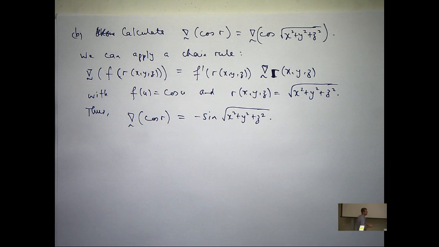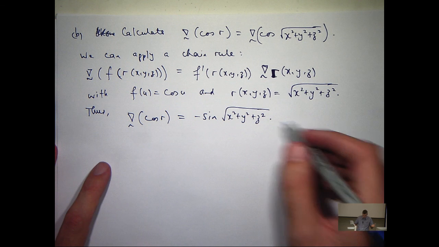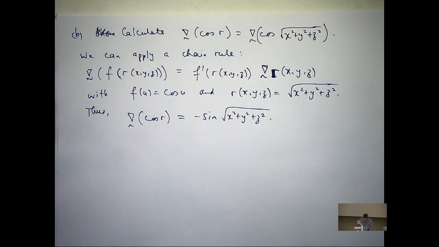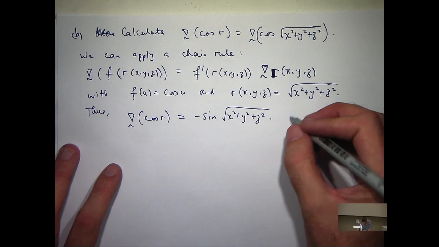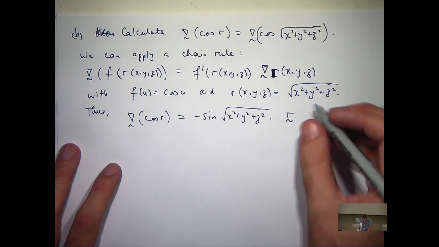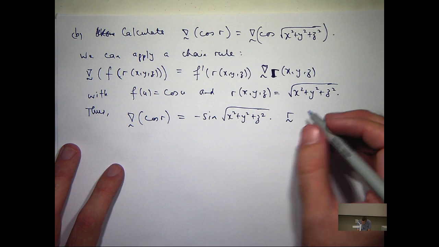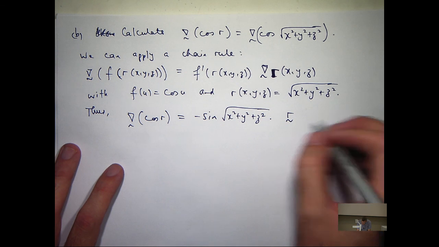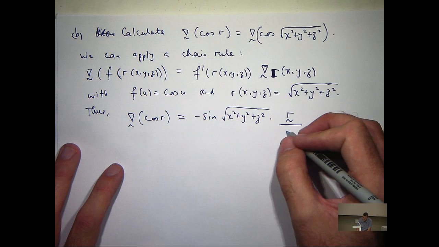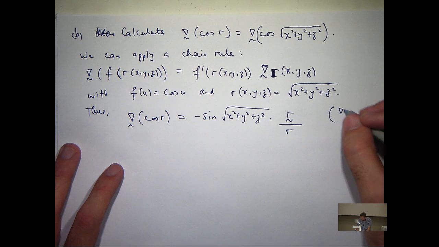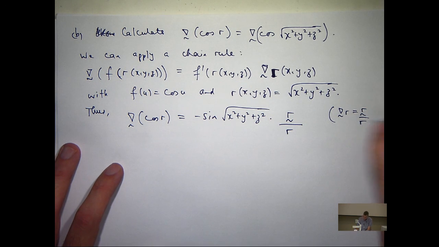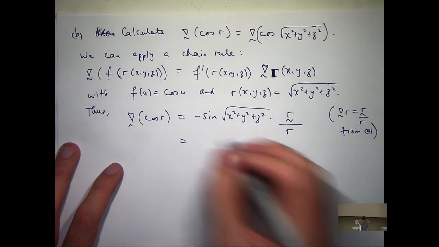And we already worked out the gradient of r from part A. I've sort of mixed up my notation there a bit. Let's put it all under the one banner.